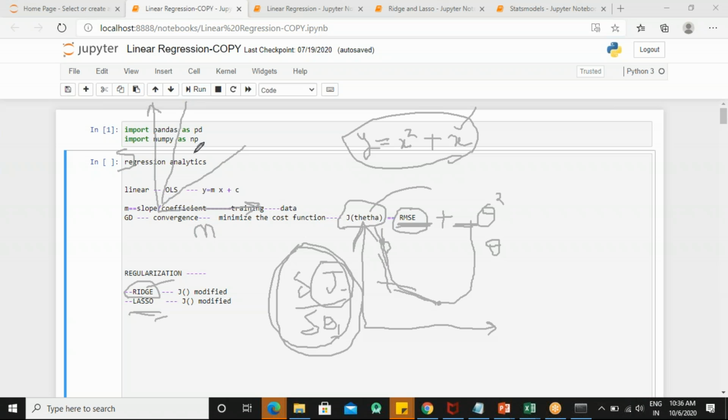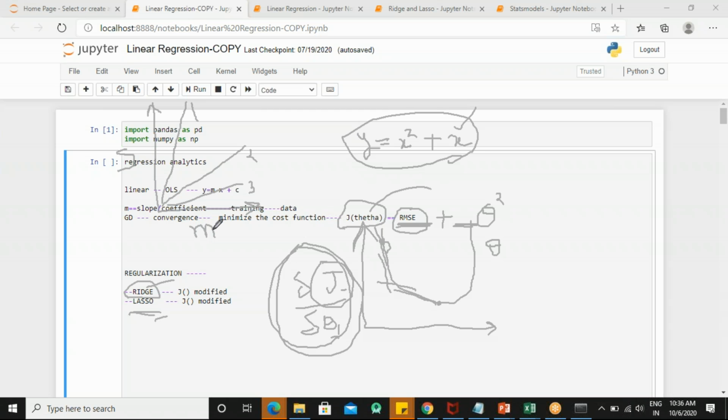If this is line 1, this is line 2, and this is line 3, which of these has the highest slope, guys? 1, 2 or 3? Maximum slope? OK, very good. So definitely this line has the maximum slope, right?